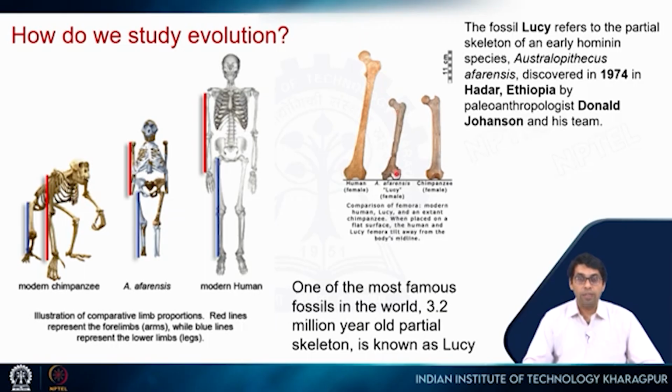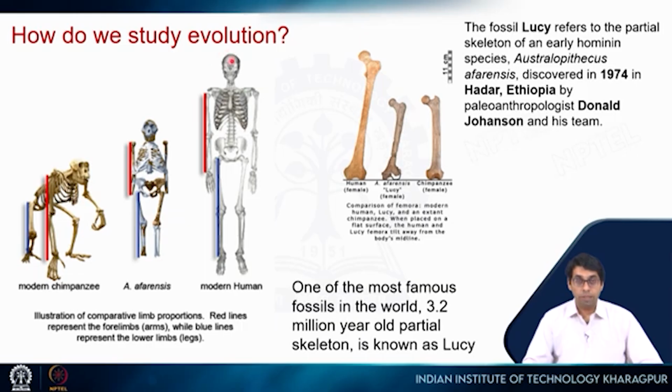Based on the height of this bone, we can say that this species was not as tall as modern humans, but was somewhere in the same range as chimpanzees. However, this tilt tells you that they could walk upright like us, unlike chimpanzees, who cannot walk upright like us. But from the skull, you can tell that the brain of this species was not very big.